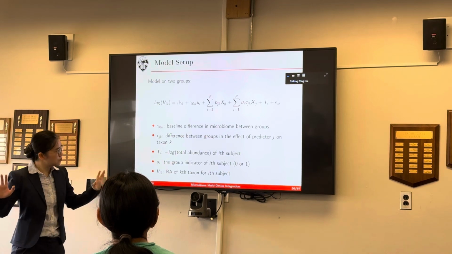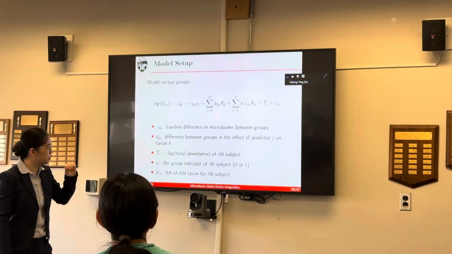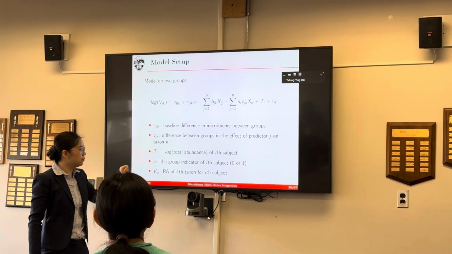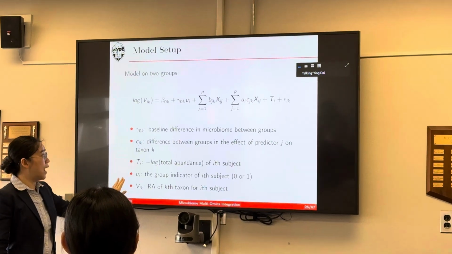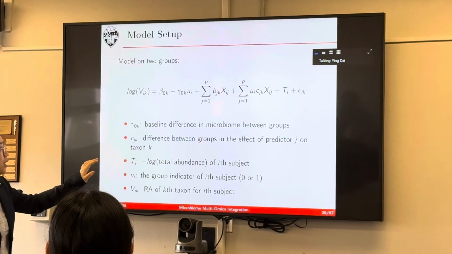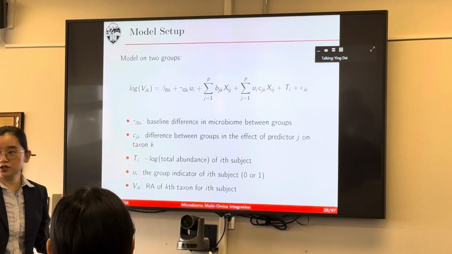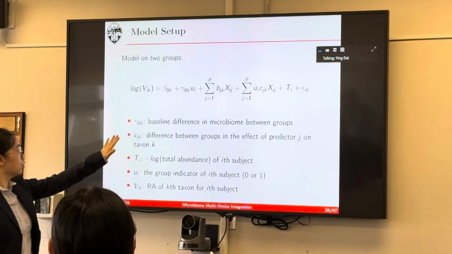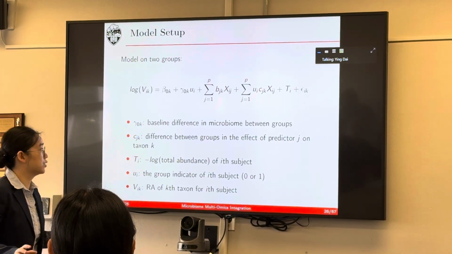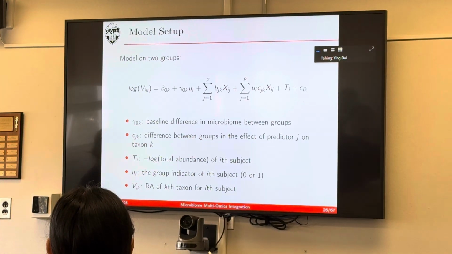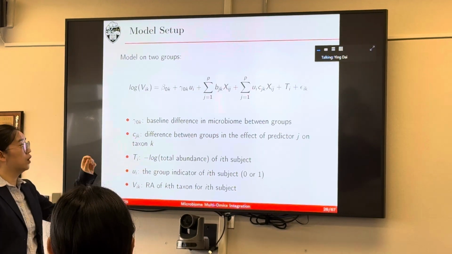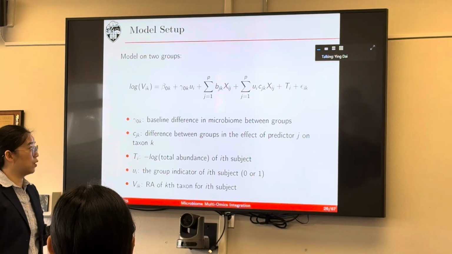Here, let's start staring at this equation for a little bit. Assuming that Ui is 0, then the second term and fourth term are going to vanish, right? And so beta 0k is trying to capture the baseline in microbiomes for whatever group is encoded as 0.